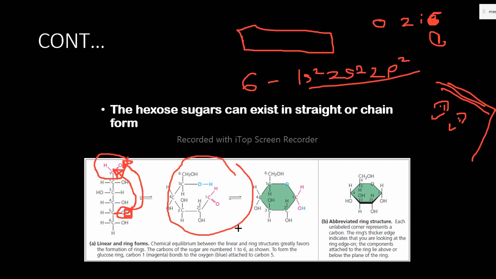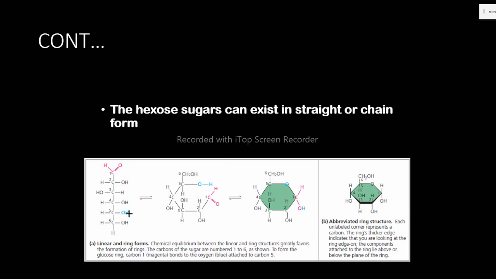Let me repeat it. This oxygen will come and take away the hydrogen here, and then the remaining electrons will be donated to this carbon number 1, as you can see how it is illustrated here.